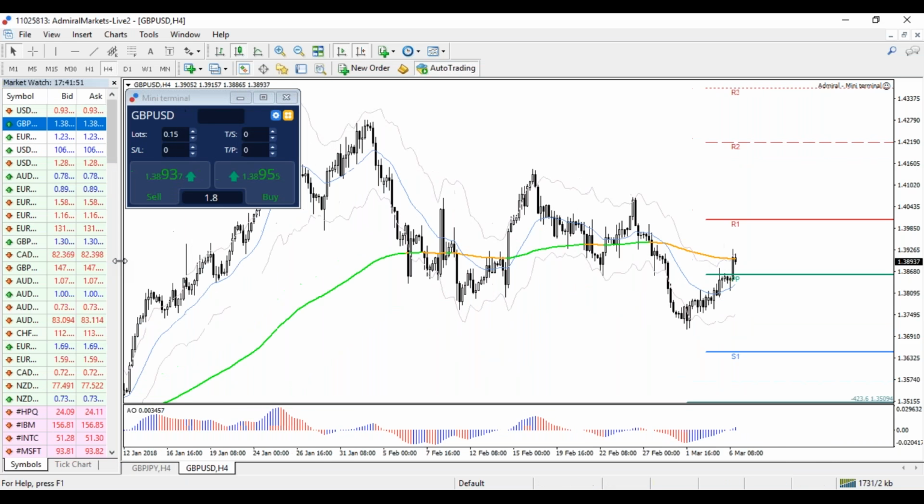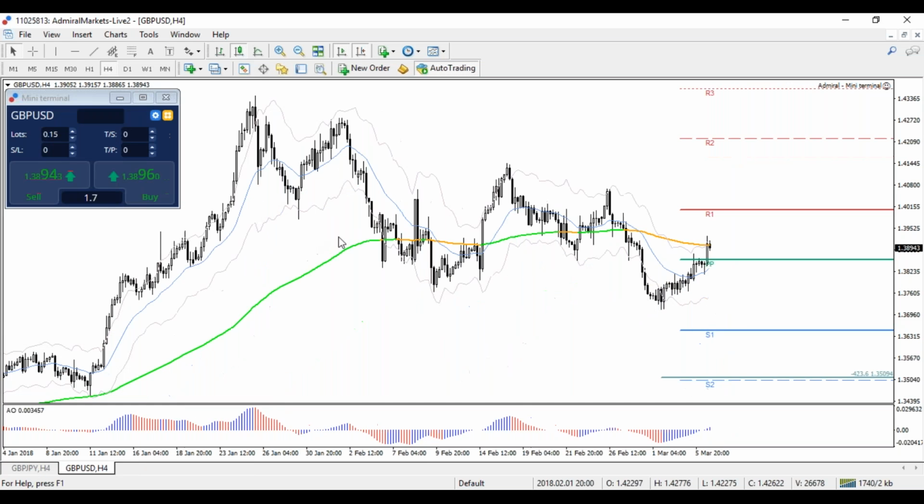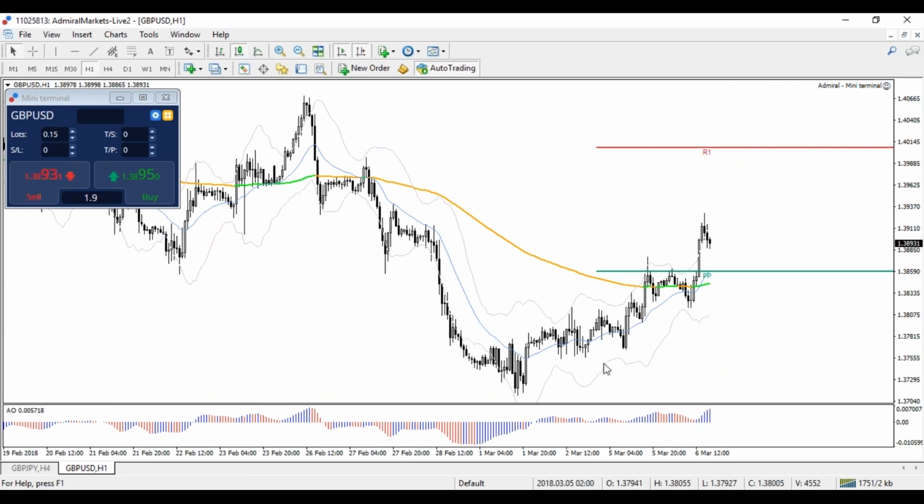Let me just open this again, and then close it. All right, there we go. Yeah, pound dollar basically, I had in my wave analysis that it's looking like a wave 1, 2, 3, 4. That did prove to be right. So this did prove to be a dip within a larger uptrend.